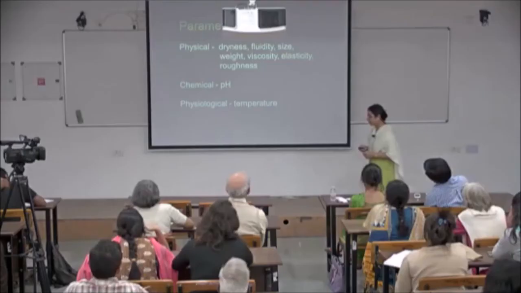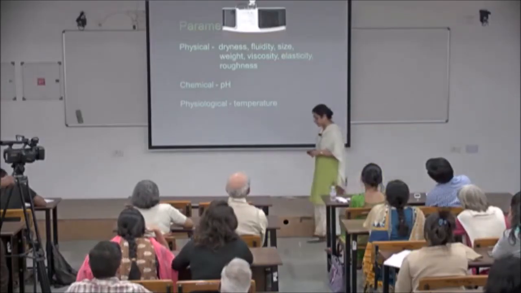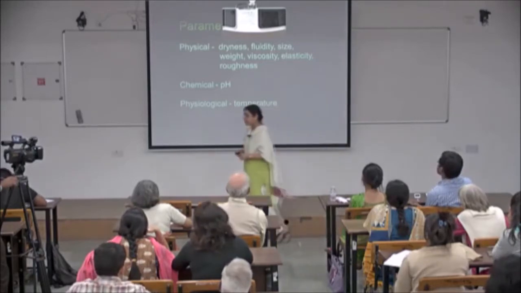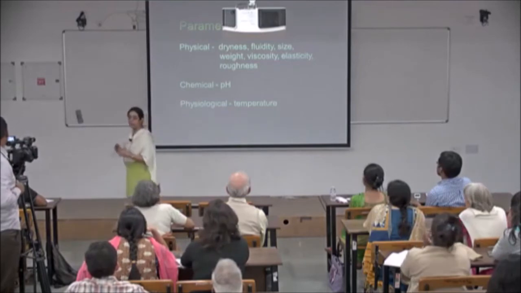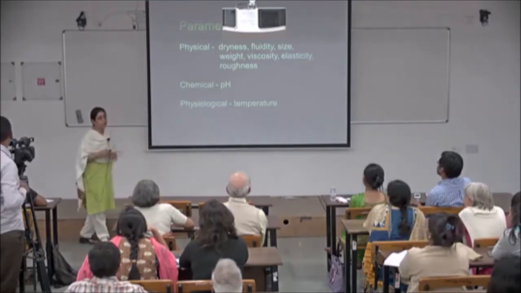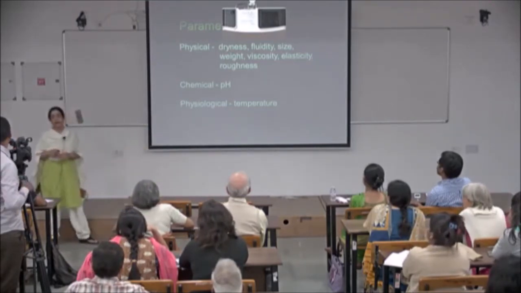And there are also chemical parameters like pH and physiological parameters like temperature. We already know that these play a major role in metabolism. So what the ancient Ayurvedic physicians seem to have done is identify a set of parameters which are physical, biophysical and physiological in nature, and classify them under Vata, Pitta and Kapha depending upon which functions they impact.